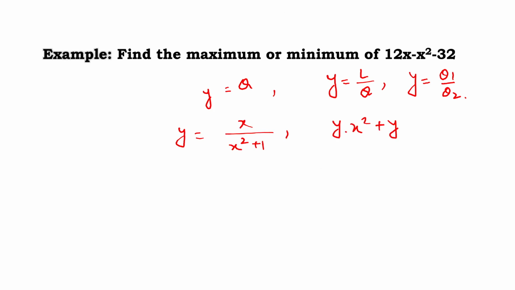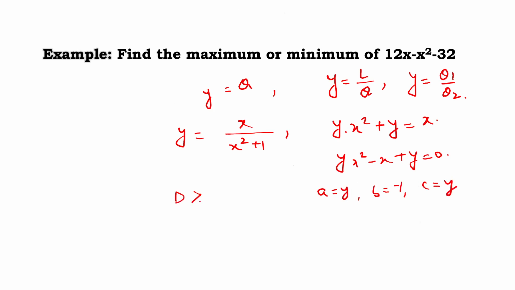So y into x square minus x plus y is equal to 0. So a is y, b is minus 1, and c is y. So D greater than or equal to 0. Again you can apply b square minus 4ac greater than or equal to 0, or easily by factorization you can get the value of this, right? So if we have to find the minimum and maximum value, this is one of the best methods. We can apply this in the question itself.